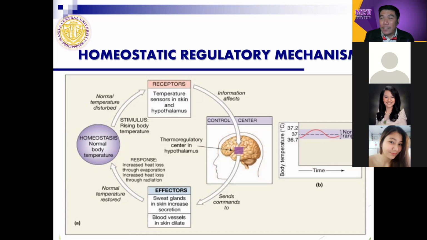The blood vessels in the skin will also dilate, which may have an effect on the sweat glands in managing the temperature by sweating. And once the person sweats, the temperature will be lowered and go back to its normal body temperature. So that is what I'm talking about when it comes to this mechanism.